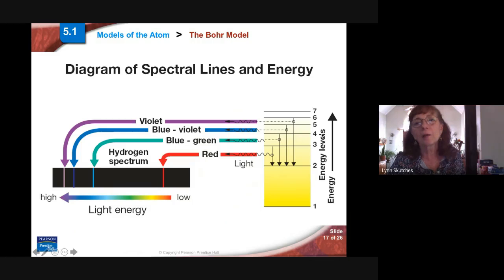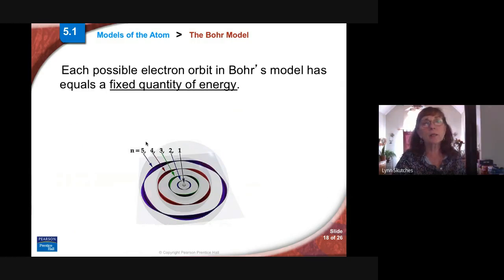If it's at the 4th energy level and drops down to the 2nd, it gives off higher energy blue-green. If it drops from 5 to 2, blue-violet. If it drops from 6 to 2, it gives off violet light, purple light. And that correlation in the hydrogen atom was worked out very neatly and tidily by Niels Bohr. Unfortunately, like I said, it didn't work for bigger atoms, and there's more to the story.